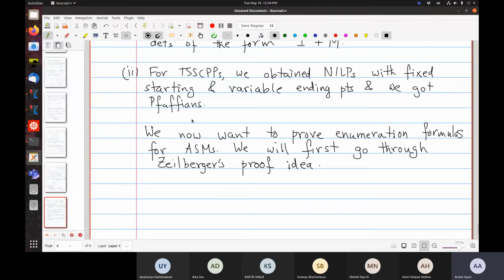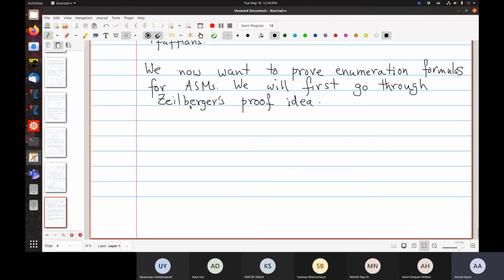Okay, so to describe that, let me go back to TSSCPPs. The construction that I'm going to describe now is already due to Mills, Robinson, Ramsey.